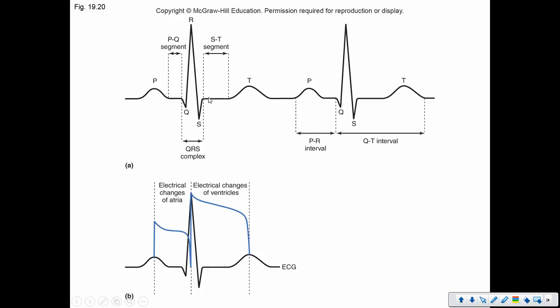Then as we rest in between the depolarization and the repolarization of the ventricles, we have this ST segment here. So the first part has to do with the electrical changes that occur within the atria, and the QRS complex involves mostly the ventricles.